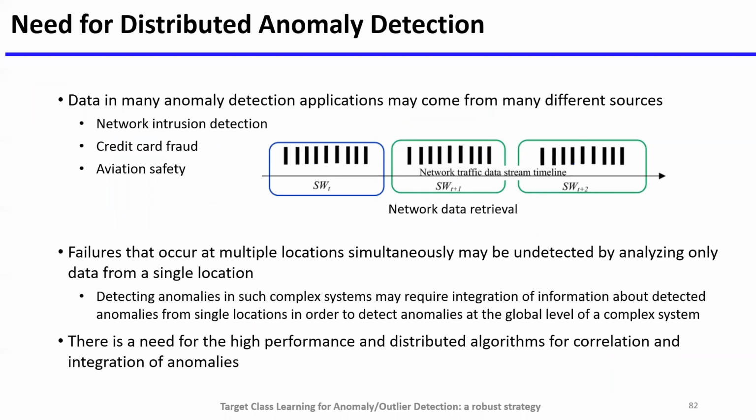There are certain features of these data elements, like they are streaming in nature, they are coming from different resources. So that is something very difficult to manage. So here basically we try to run the distributed algorithms for the identification of the anomalies.